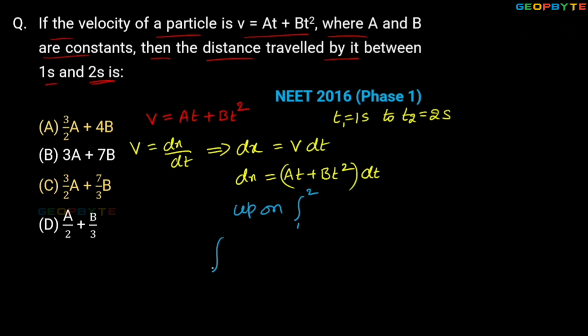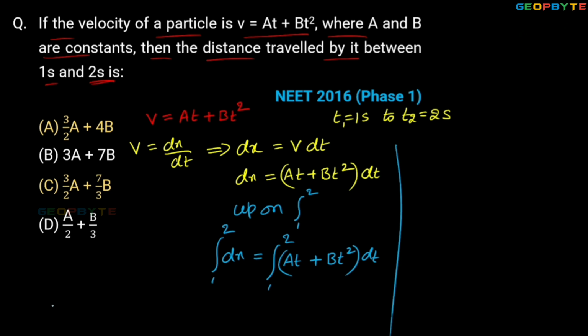Here it is integral 1 to 2 dx equal to integral 1 to 2 at plus bt square dt. It can be written as integral dx is x, with limits 1 to 2, equal to a into t square by 2 plus b into t cube by 3, applying the limits from 1 to 2.